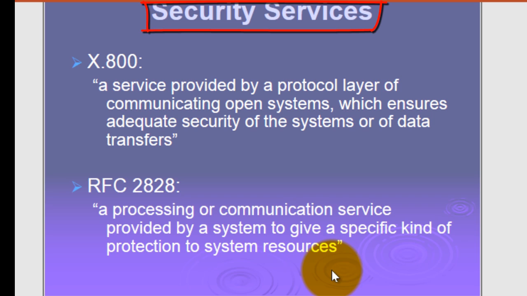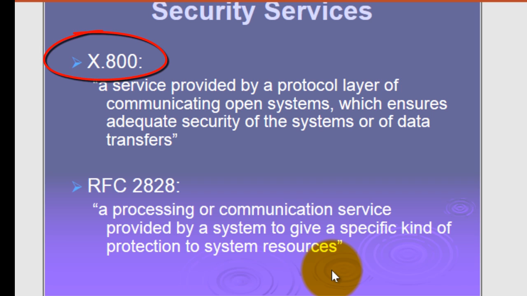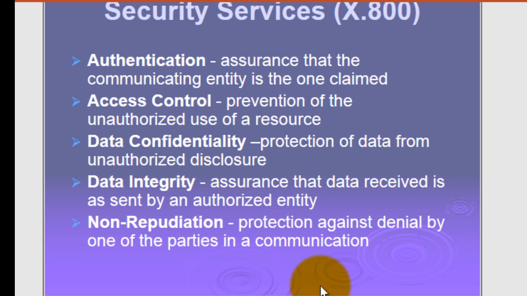Let us see, these security services are standardized by X.800, just like the OSI security architecture, which is also standardized by X.800. The security services provide some terminology relating to cryptography, that is authentication.